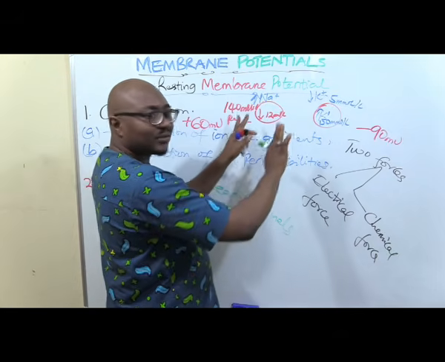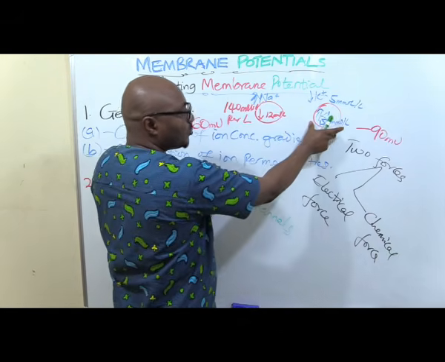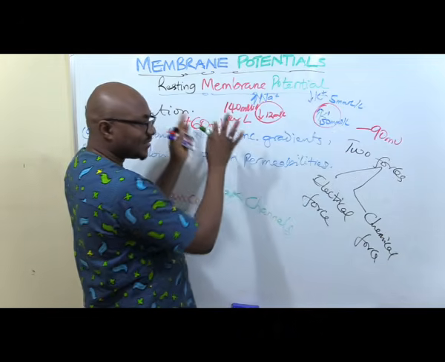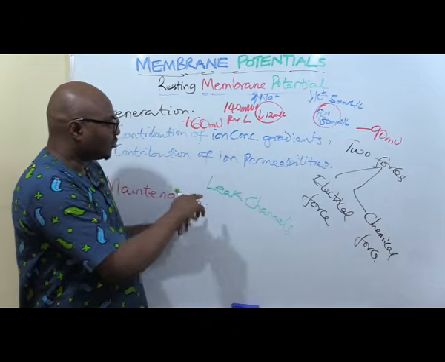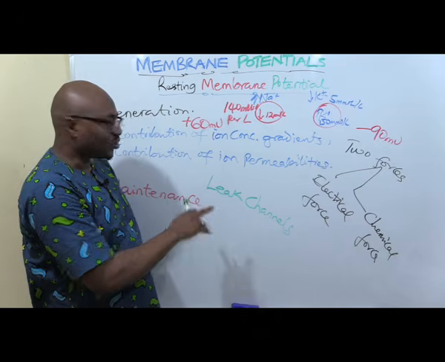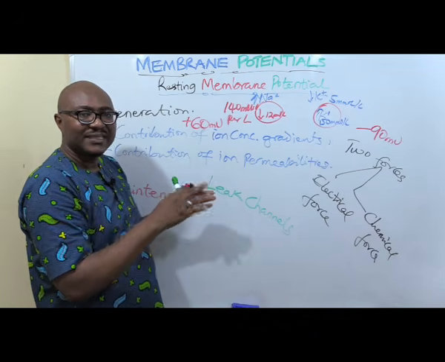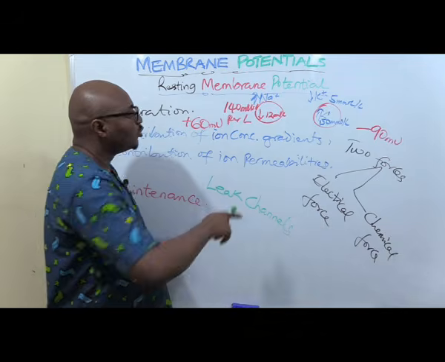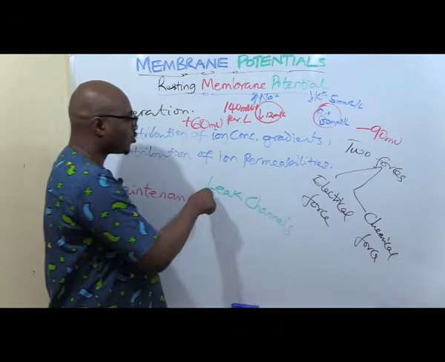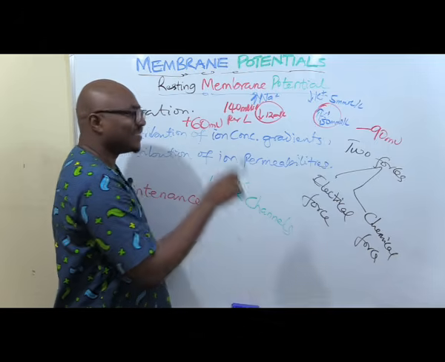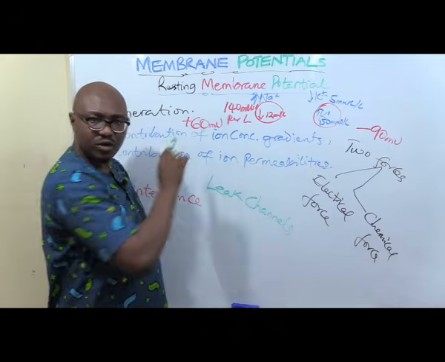That's why we assumed that it's only potassium that is existing. Now it is the leak channels we're focusing on, the permeabilities. So the cell membrane is far more permeable to potassium because of numerous leak channels than it is to sodium.